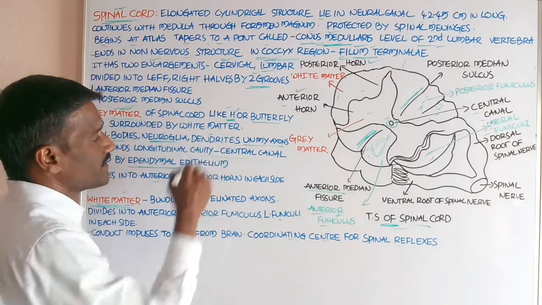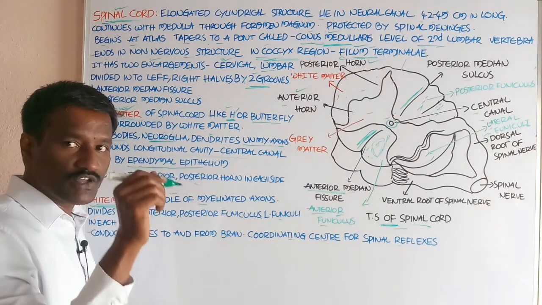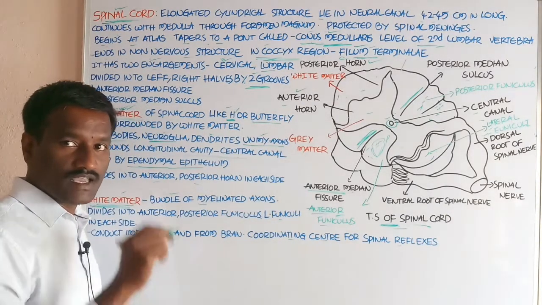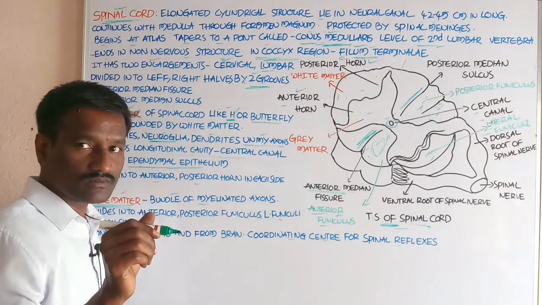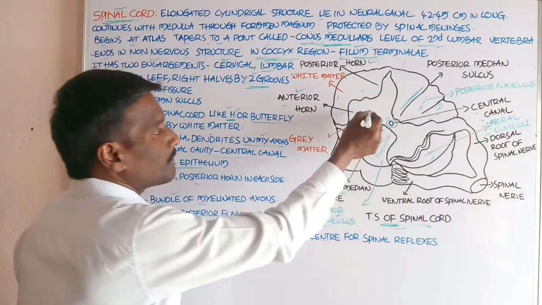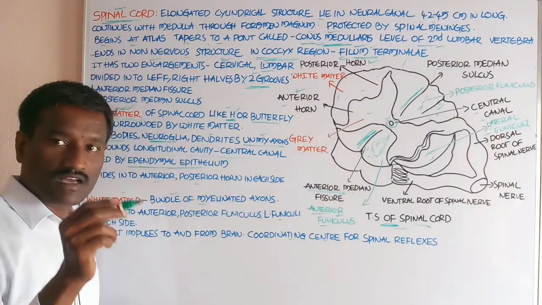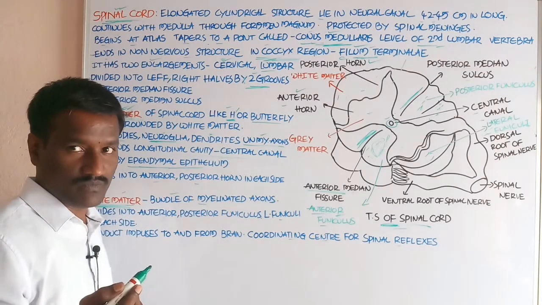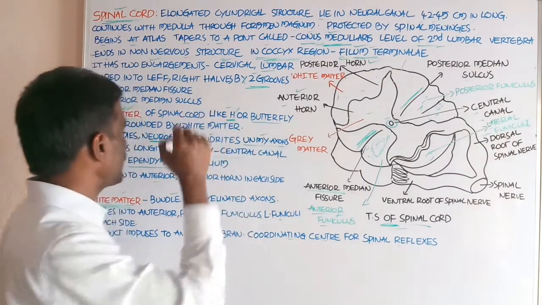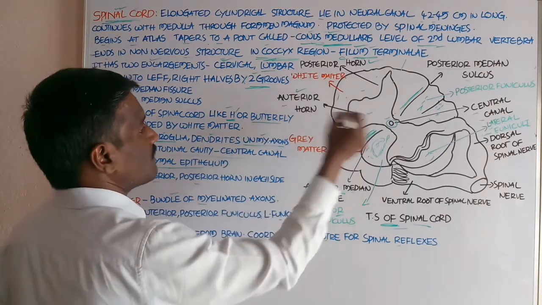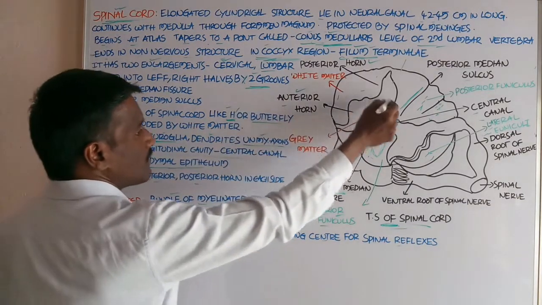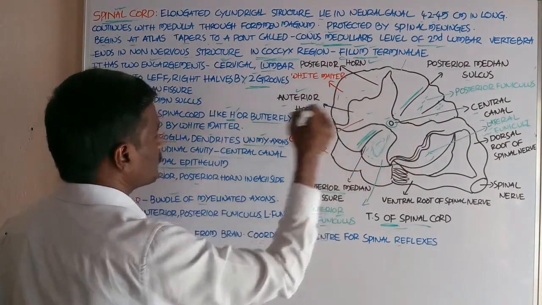It also contains dendrites, parts of the neurons, and unmyelinated axons. These are the axon parts of the neurons that are not covered with the myelin sheath. So cell bodies, neuroglia, dendrites, and unmyelinated axons are present in the gray matter of the spinal cord.